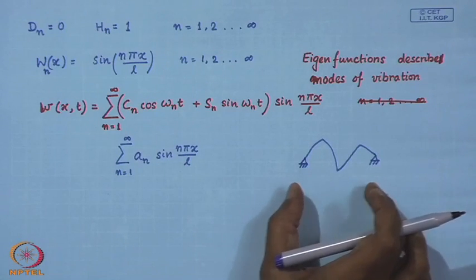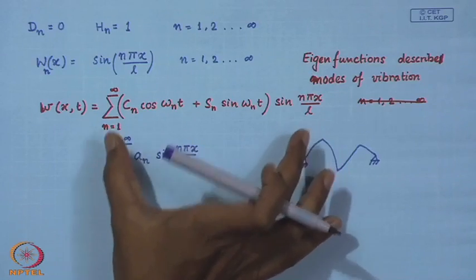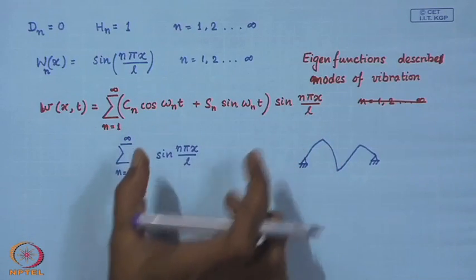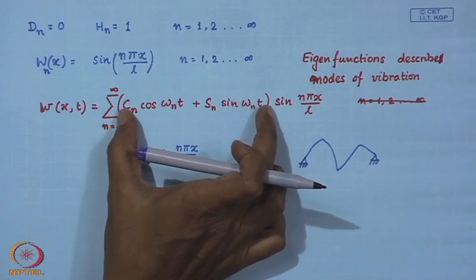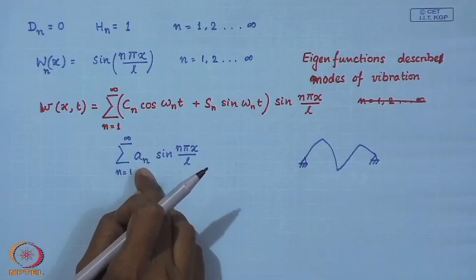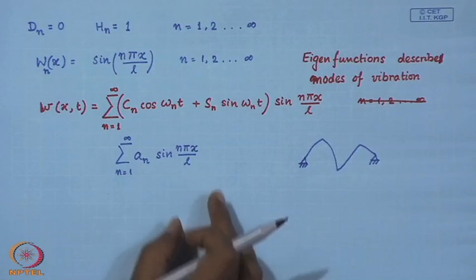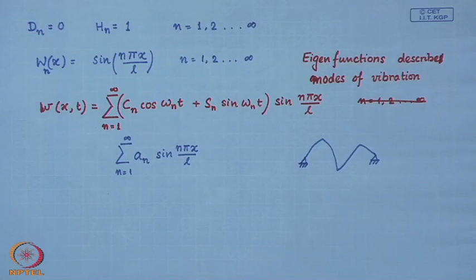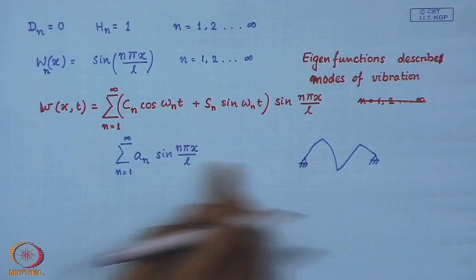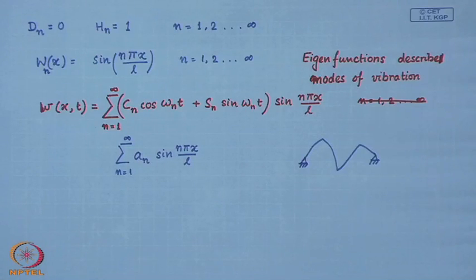So, any shape of the string at any time instant, if you think about the shape of the string at any time instant, then this is a constant which is represented here as a n, and then this is expanded in terms of this function sine n pi x over L.